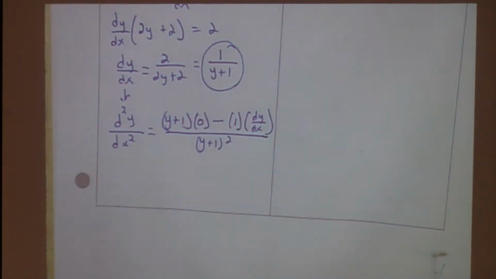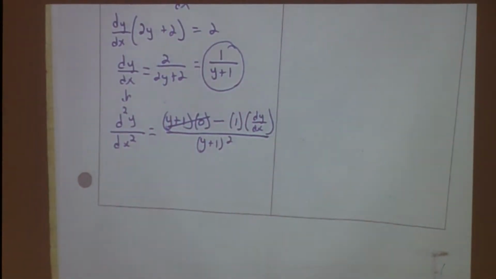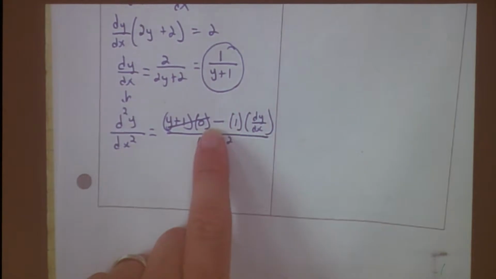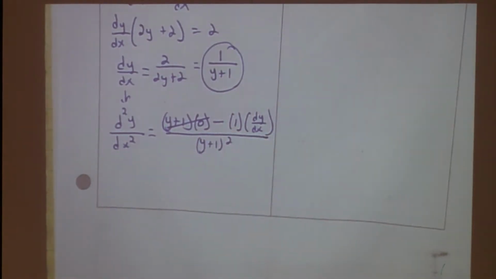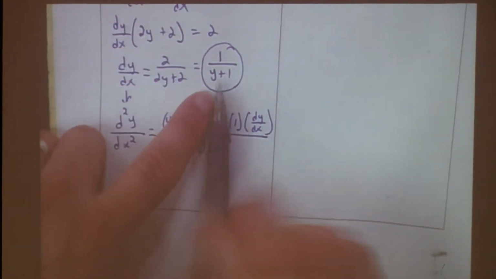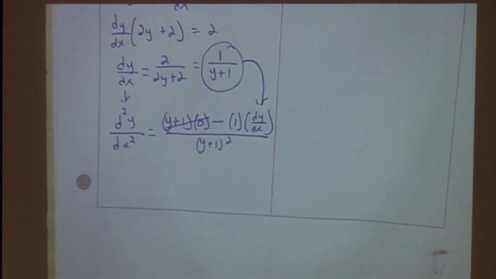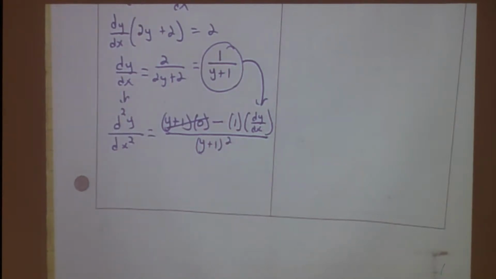So does anything go away here? This guy, right? So now I have dy/dx times 1 times negative, so negative dy/dx. Do we know what dy/dx is? We do, right? So we have to come back, get this guy, and plug him in. Not entirely repeating itself.